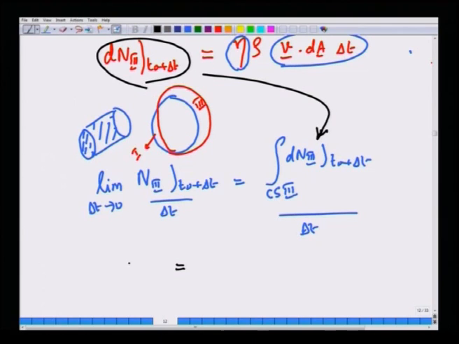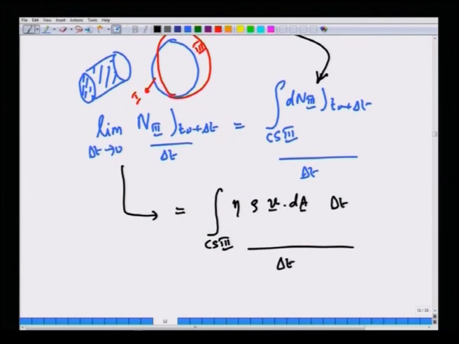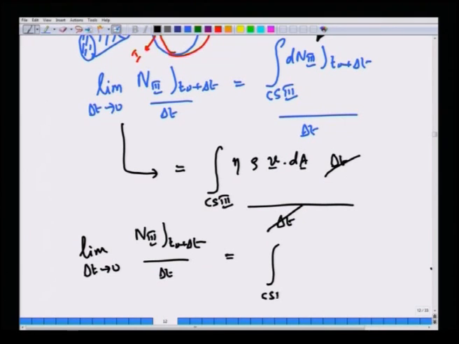So, this term which we are after is simply the integral over CS3 of eta rho v dot dA delta t divided by delta t. The delta t will cancel out to give the limit as delta t goes to 0 of n3 divided by delta t, which is nothing but the integral over the control surface 3 of eta rho v dot dA.